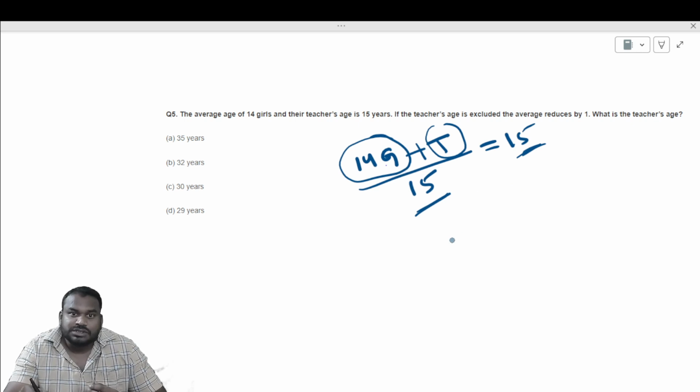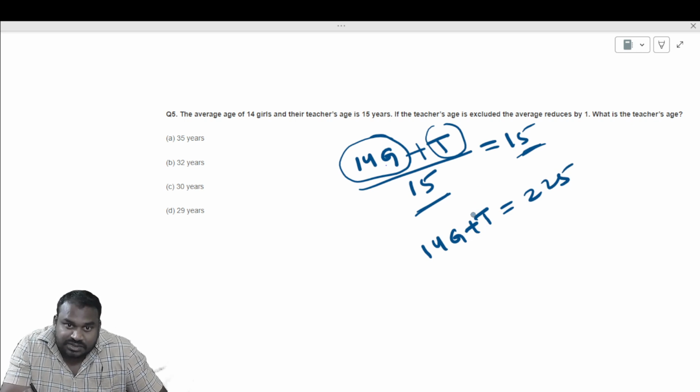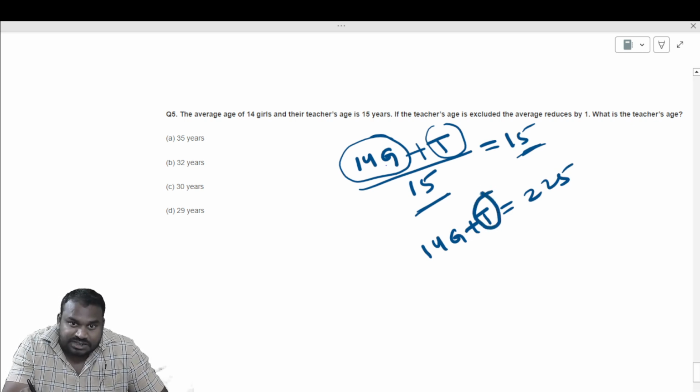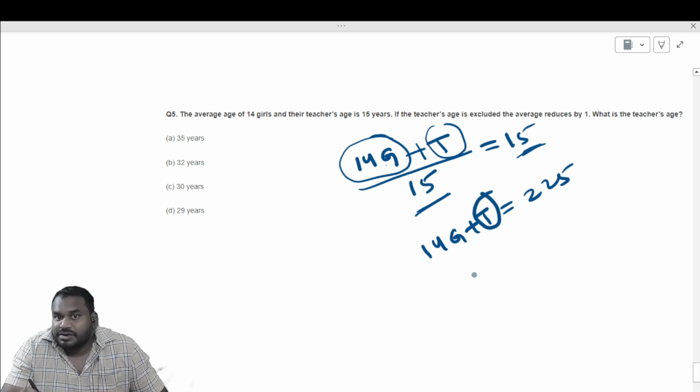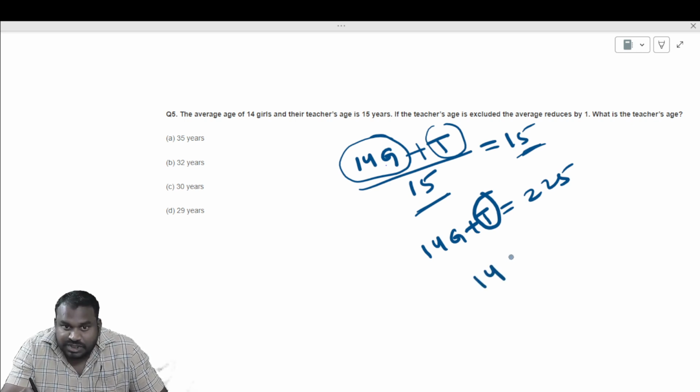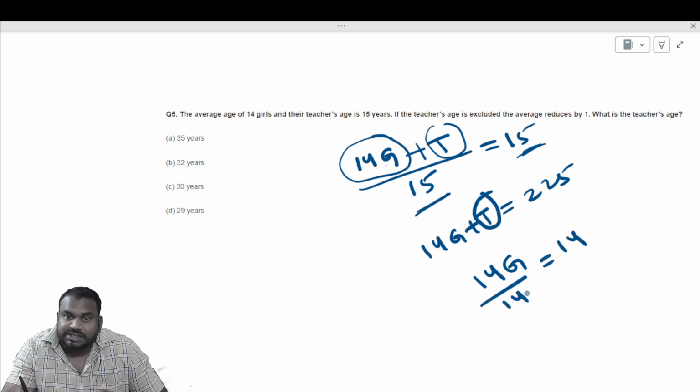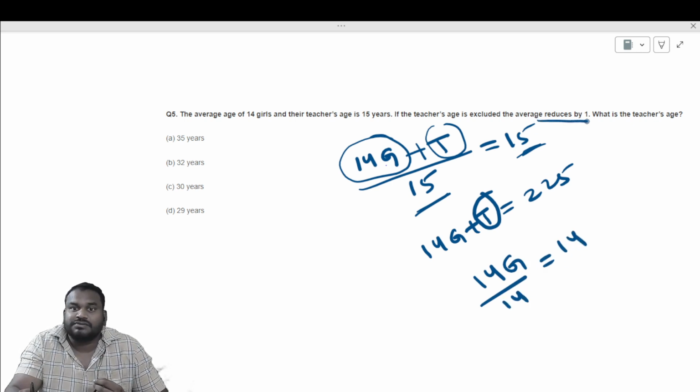Now from this, you can say 14 girls' age plus T, the teacher's age, is equal to 225. If the teacher's age is excluded, the average reduces by 1. It means 14 girls' age divided by 14 is equal to 14, because the average reduces by 1.